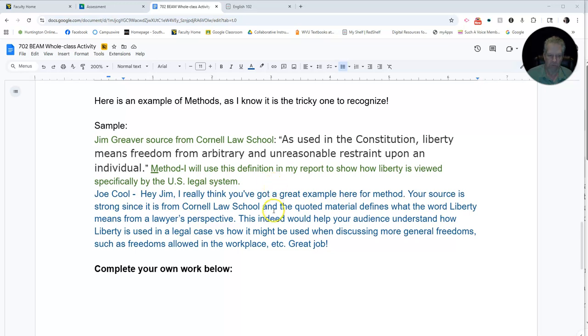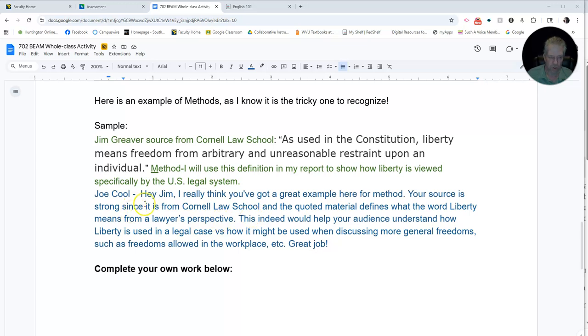Now, after you've done that, you're going to go and comment on somebody else's. So I just made up a name here of the person who commented on mine, and this is what your comment might look like for somebody else. I put Joe Cool says, "Hey Jim, I really think that you've got a great example here for methods.